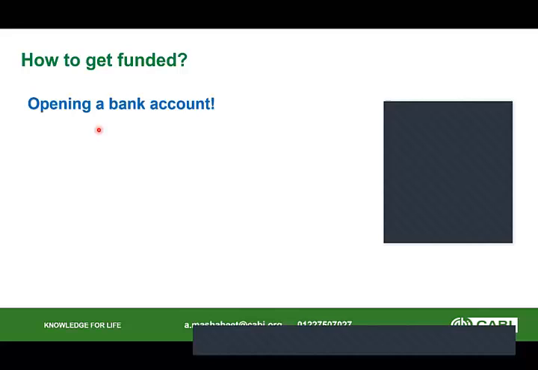Some funding agencies might not like that and might say, no, we don't want this fund to be put in an aggregated bank account, we want it in a separate bank account.